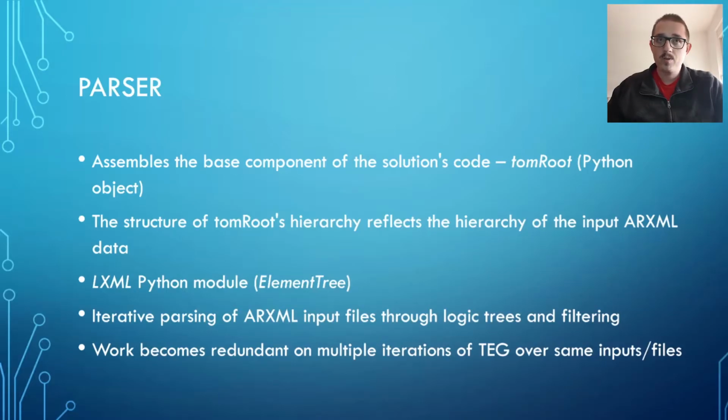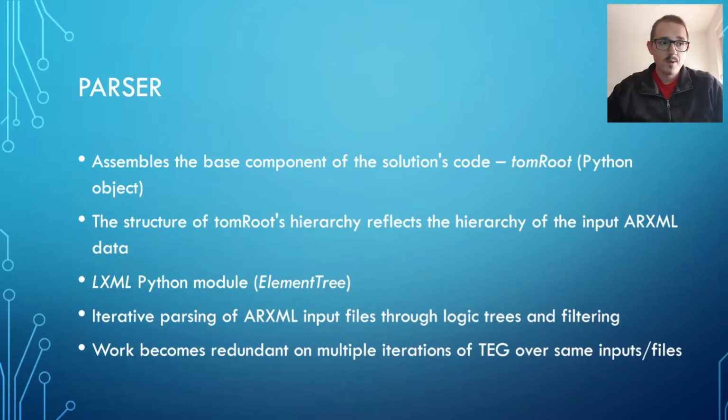And you can visualize this as a tree of Python objects, which mirrors the hierarchical nature of XML or ARXML files. So describing basic data types and then how they're linked and which groups they belong to, which ports and so on. As the ARXML unfolds, so does the tom root object structure get filled.